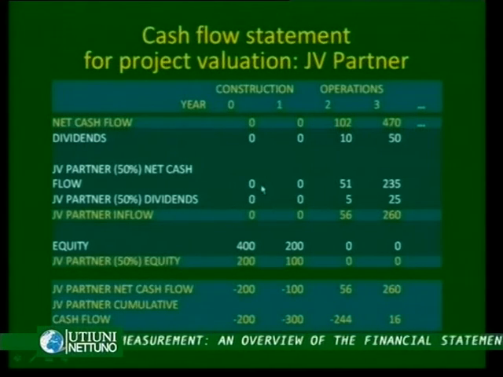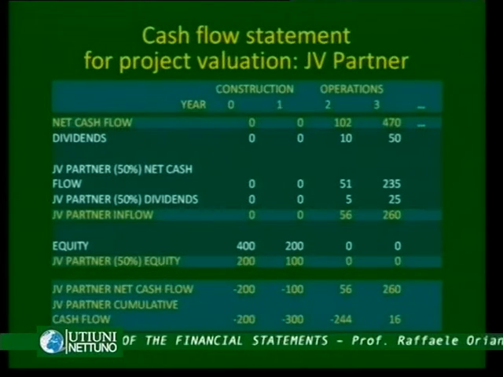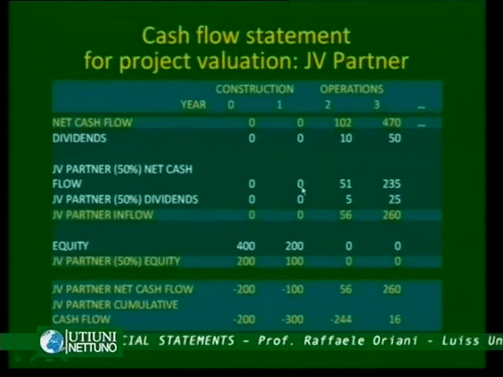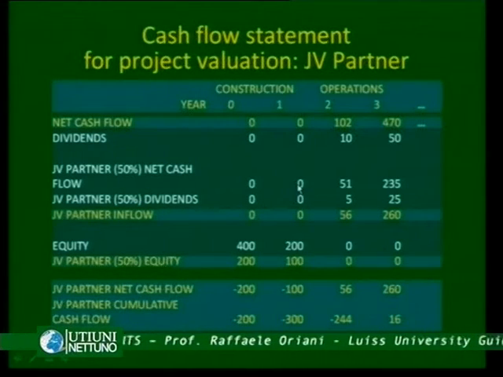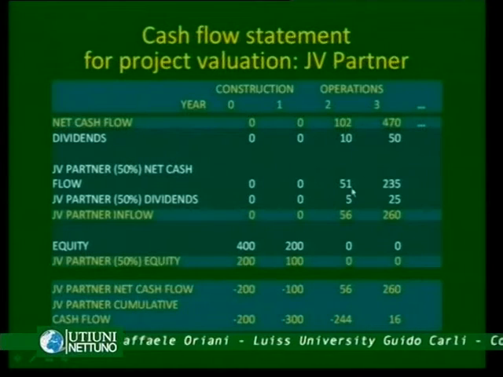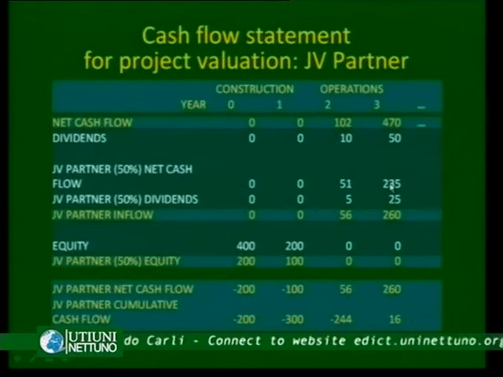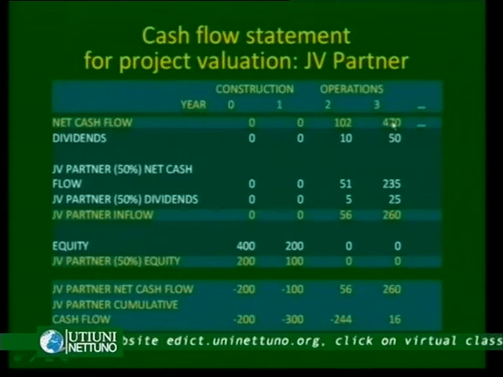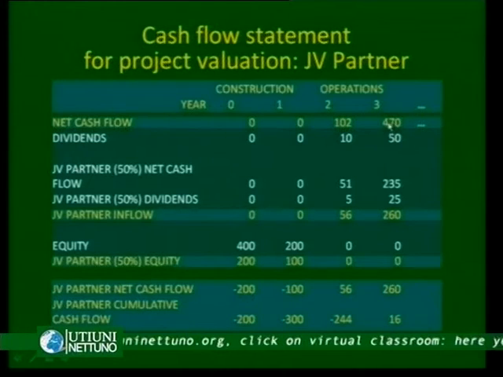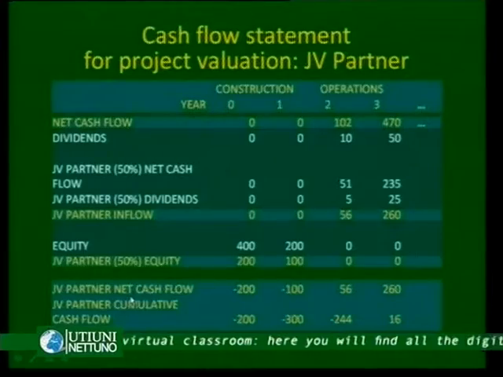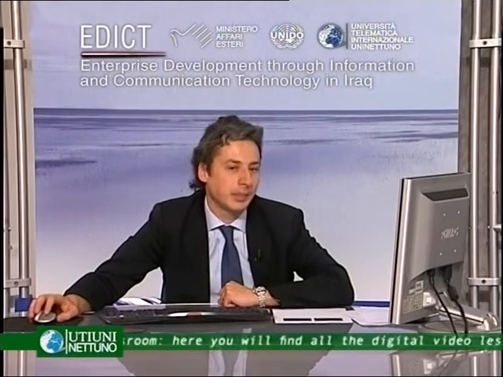So as we can see here, clearly the net cash flow that accrued to the partner is 0 in year 0 and year 1, because the project is not generating any net cash flow, and is equal to 51, that is 50% of 102, in year 2, and is equal to 235 in year 3, that is 50% of the total net cash flow generated by the project, which in year 3 is 470. But the partner of a joint venture has another source of inflow, that is the dividend payment.